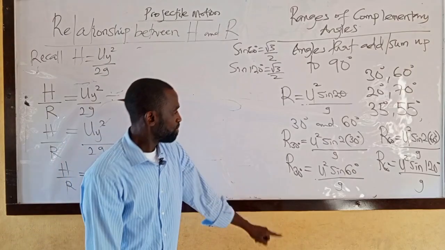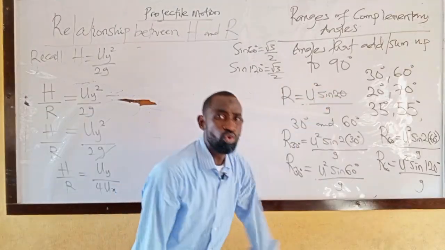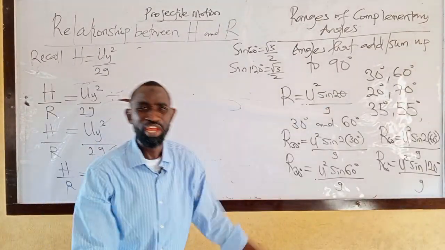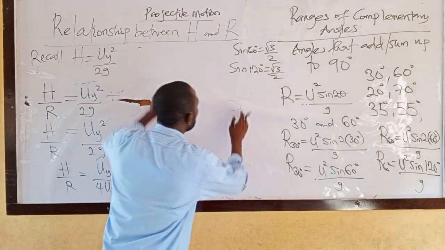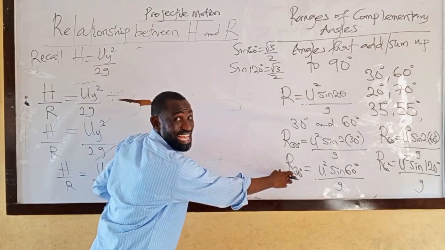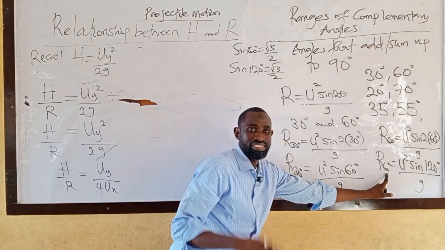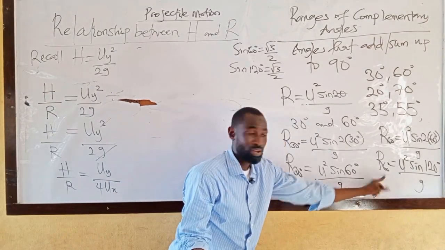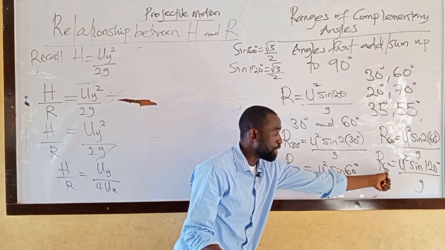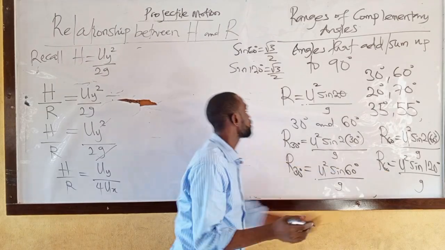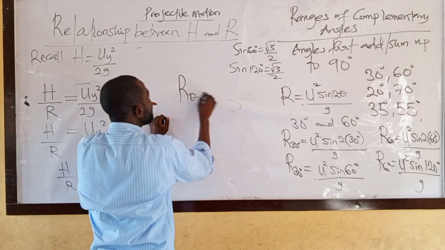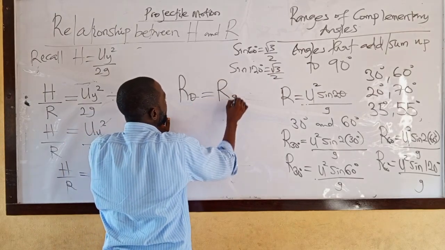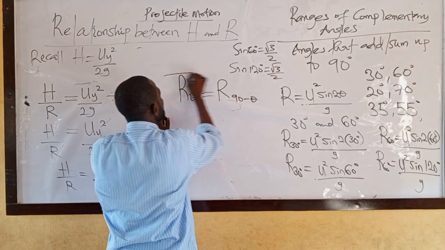It means complementary angles have the same range. If this one is theta, this will be 90 minus theta. If this is 30, then this is 90 minus 30, which is 60. So R of theta is equal to R of 90 minus theta.